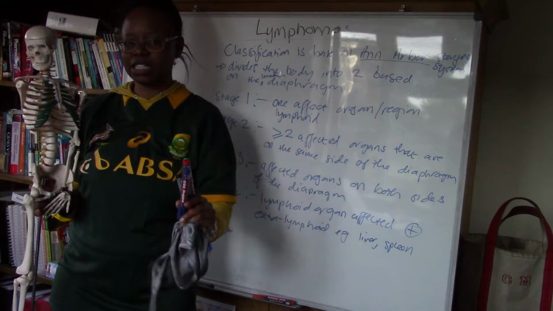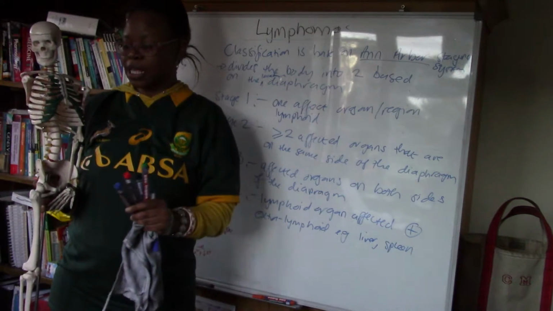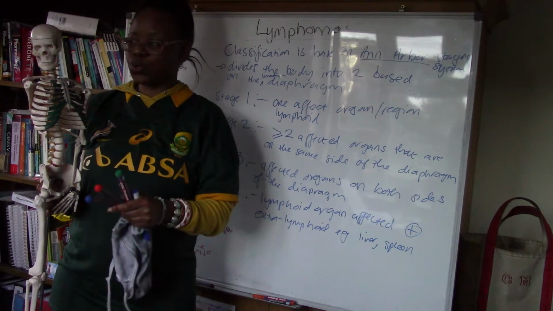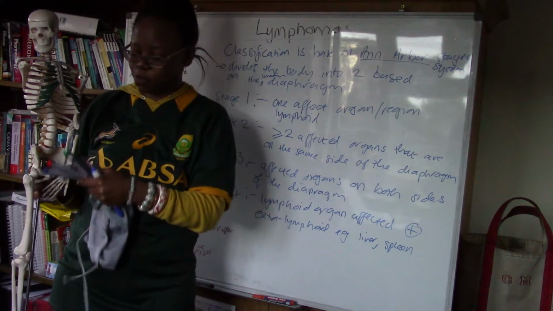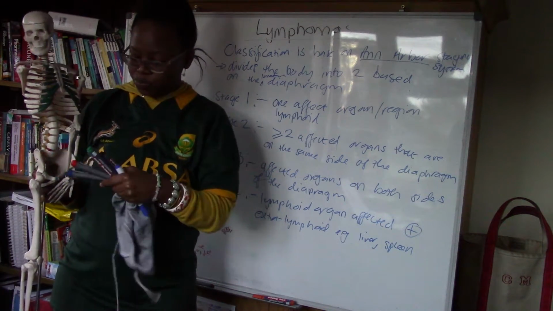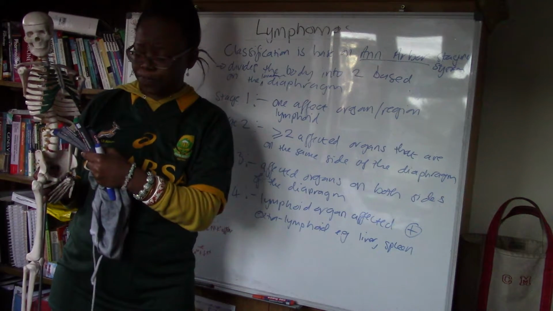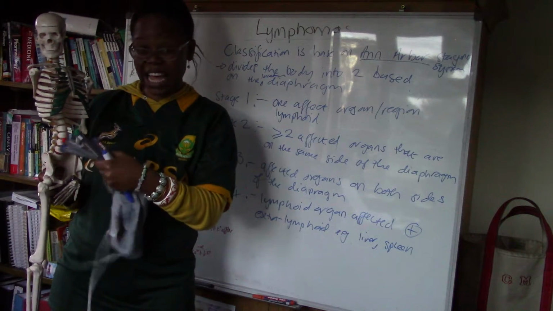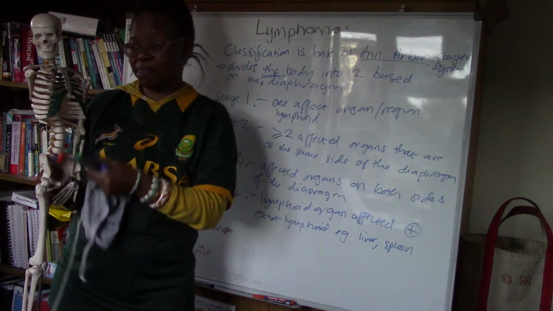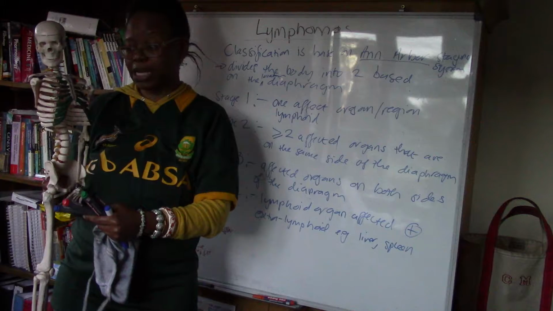It's still stage 1, it doesn't matter. Stage 1 can also perhaps be inguinal, or peritoneal, suprarenal. As long as it's below the diaphragm, then it's still stage 1 and is one place.